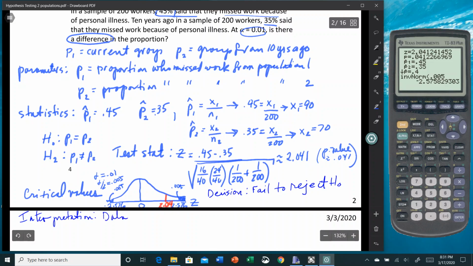The data gives some evidence because P is about 0.041, which is less than 0.05, but not at the alpha equal to 0.01 level.